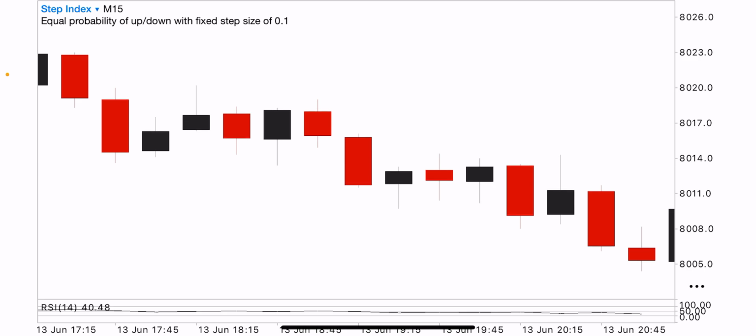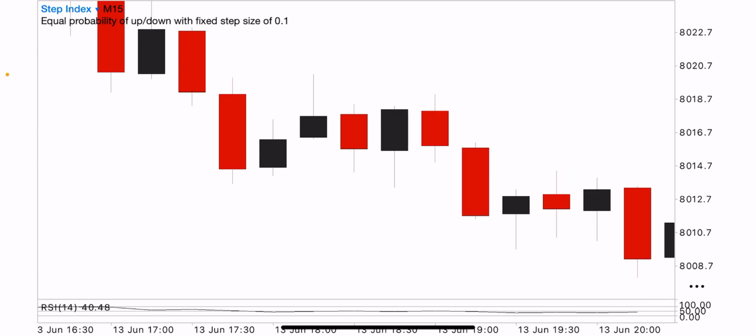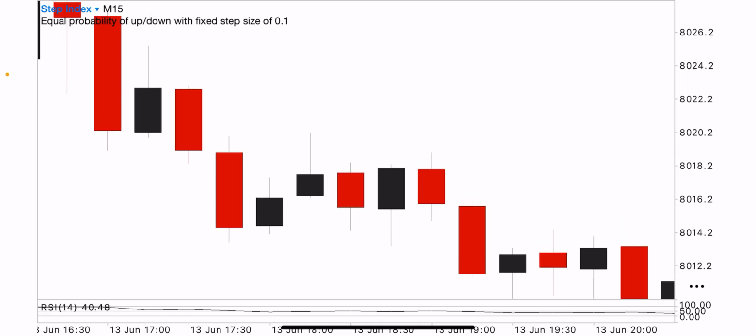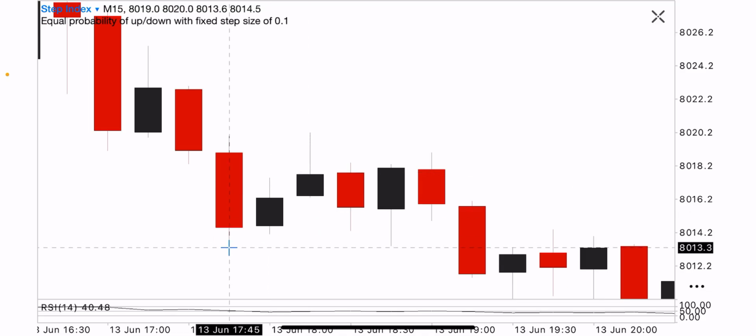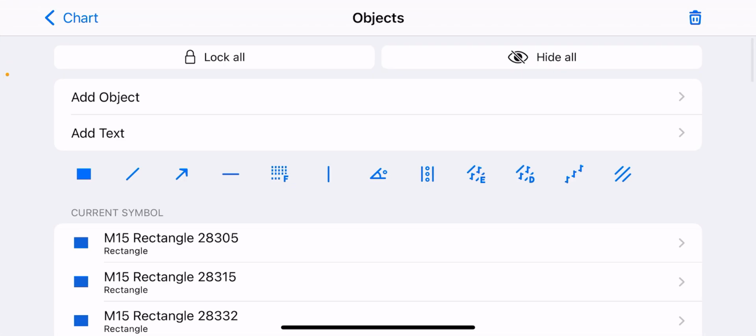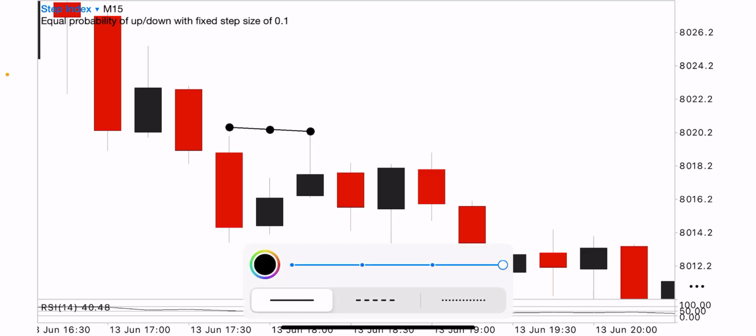So this pullback, if you want to see clearly, maybe I can help you so you can see clearly.